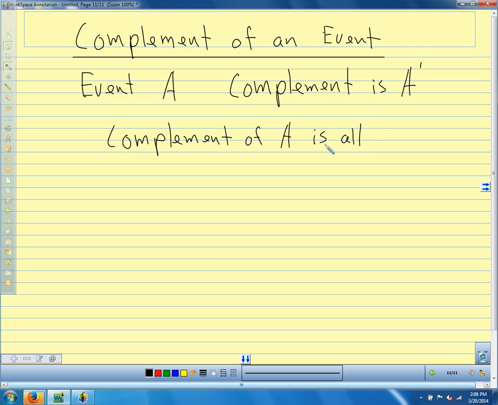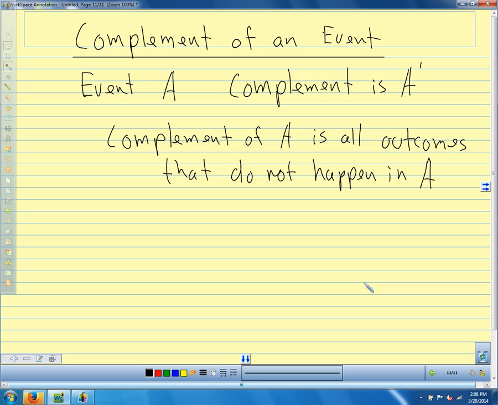Should I say the complement of A is all outcomes that do not happen in A. So the complement of flipping a heads when you flip a coin is flipping a tails.